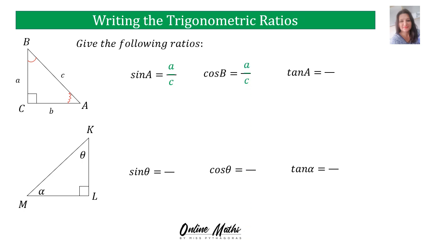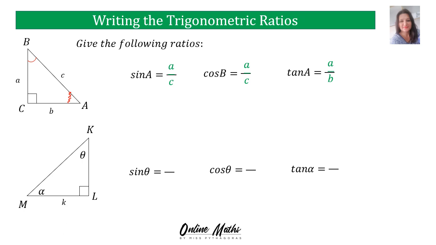Therefore, it's A over C. And then tan A, we are back at angle A. Tan's ratio is opposite over adjacent. Therefore, A over B.